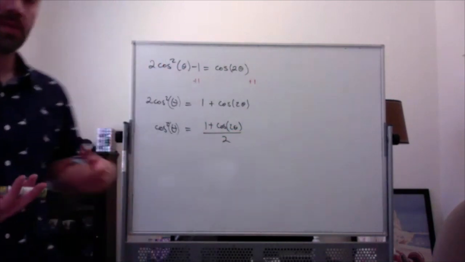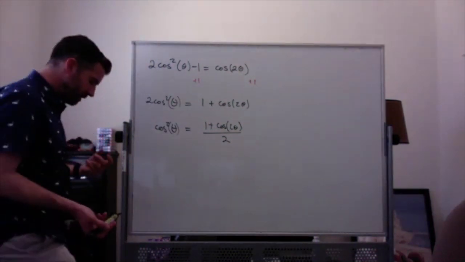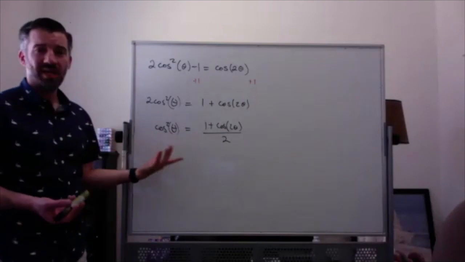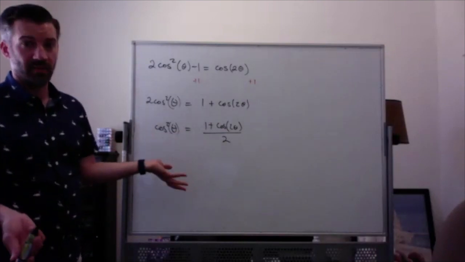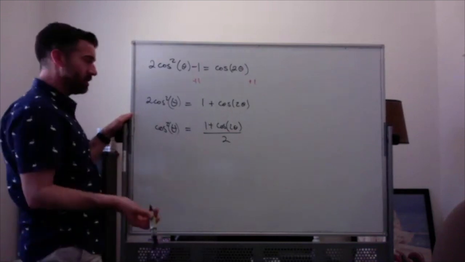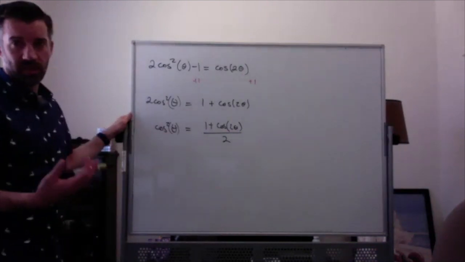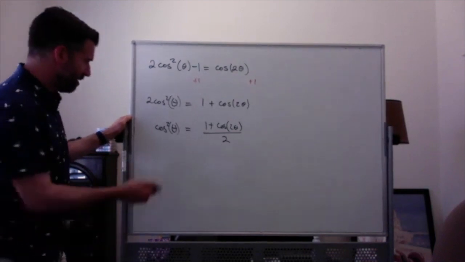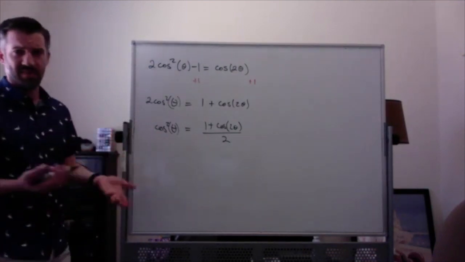Now, here's something important to remember. If cosine squared of theta is equal to 1 plus cosine 2 theta over 2, cosine could be positive or negative, but this is always going to be non-negative. The thing is, cosine of an angle could be positive or negative.